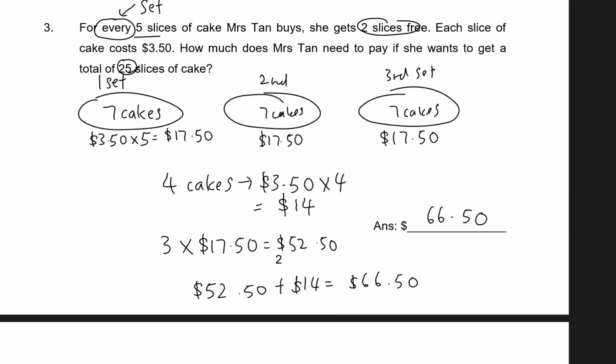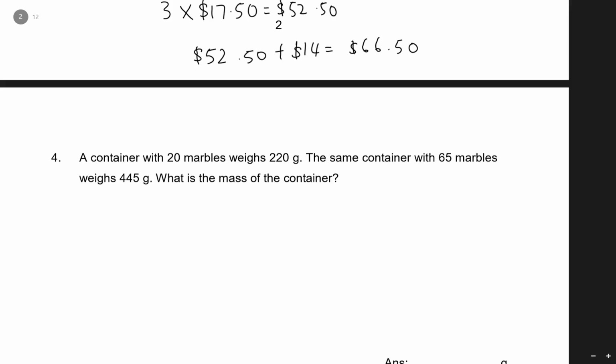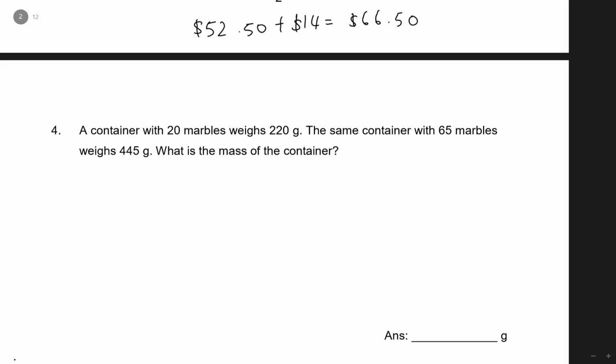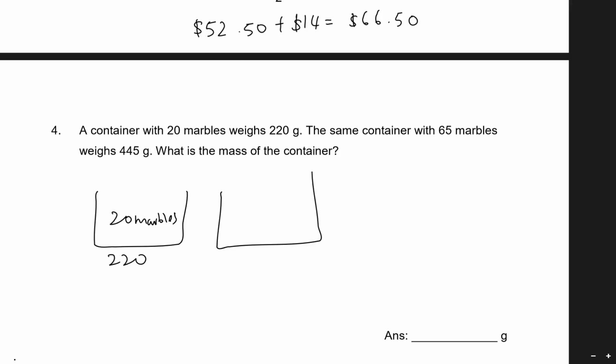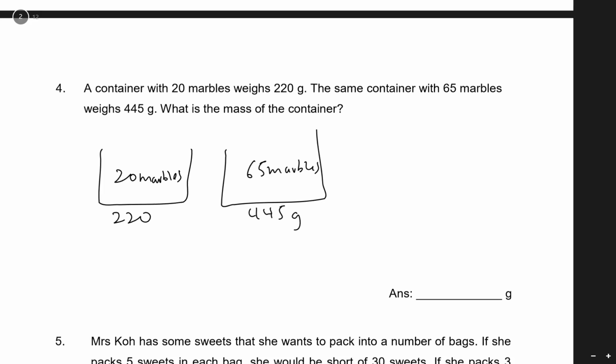Alright, question number 4. You have a container with 20 marbles, and so I'm just going to do 20 marbles. Sometimes instead of drawing models, and with a container is 220. Now you have the same container, 65 marbles now, and they tell you it's 445 grams. So what is the mass of the container now?